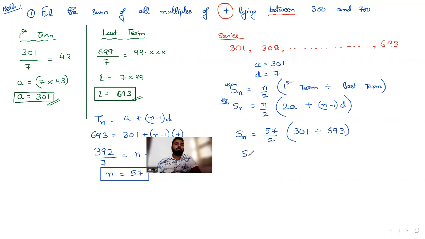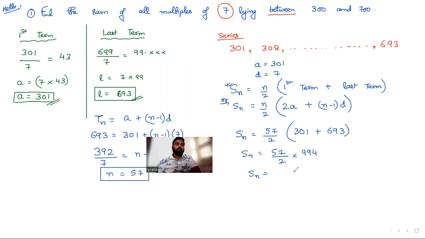So 301 plus 693 turns out to be 994. So S of n from here is nothing but 57 into 994.